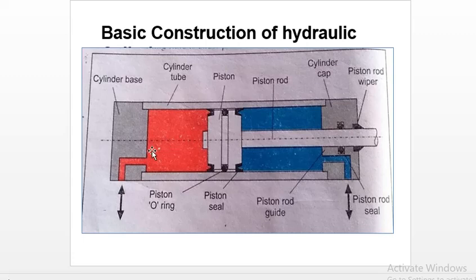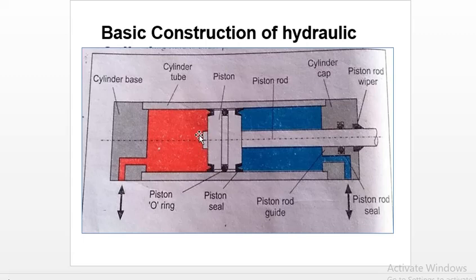Suppose from the red portion the high pressure fluid is coming inside the cylinder, and the blue portion is the outlet of the oil, and whatever hydraulic energy is extracted is converted into mechanical energy, so the pull function or the push function can be performed by means of this rod that is connected to the further link, and we can use it for the particular task.